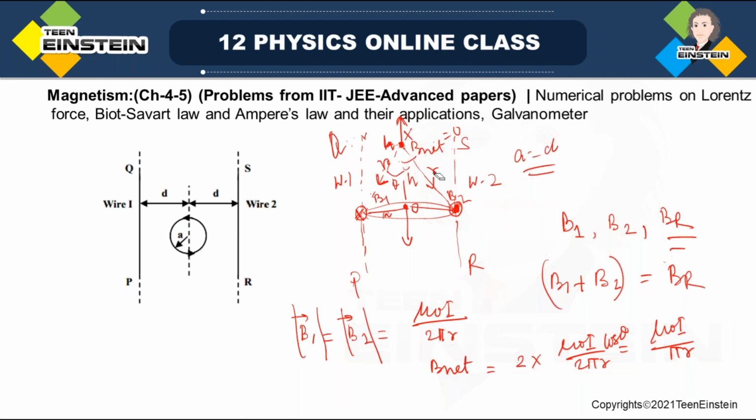Okay, so we have had these options. You can see that the current direction we have to first of all find out, and when directions are done, you have to find out the value of h where the magnetic field is going to be 0. So option C is the correct answer for this question.